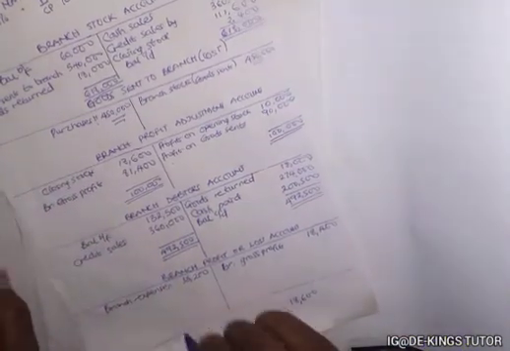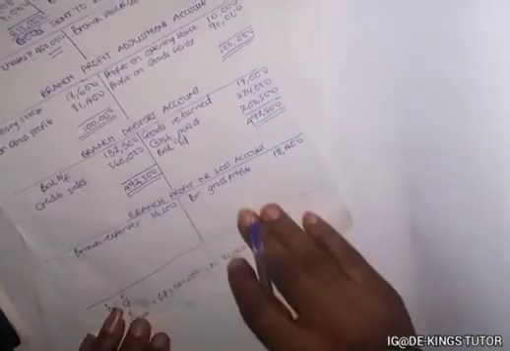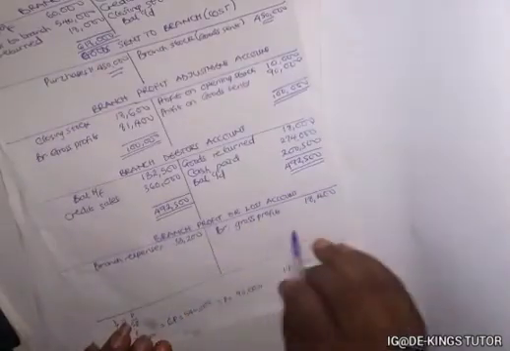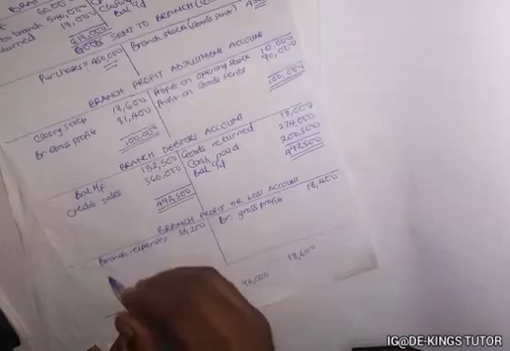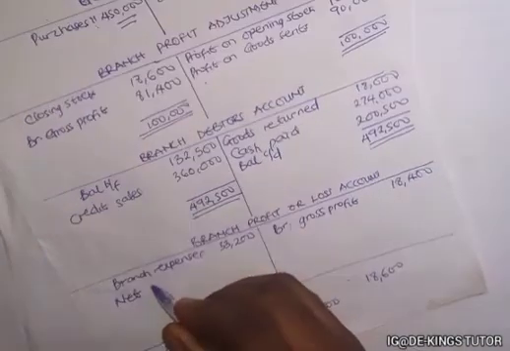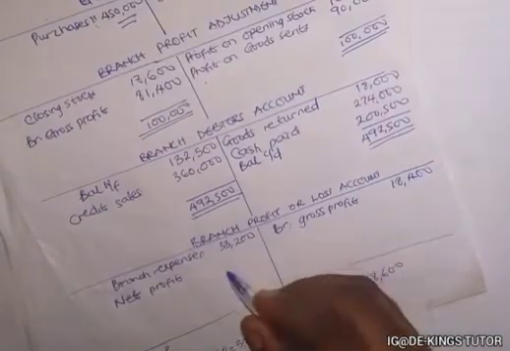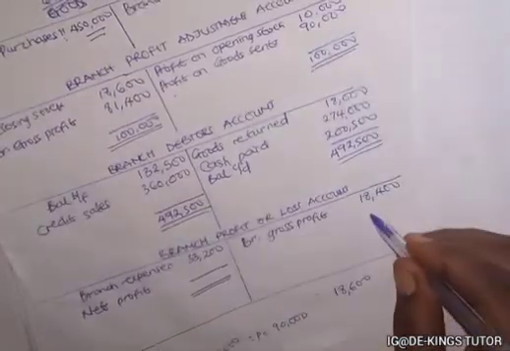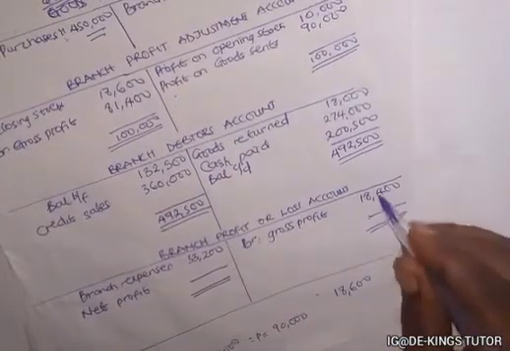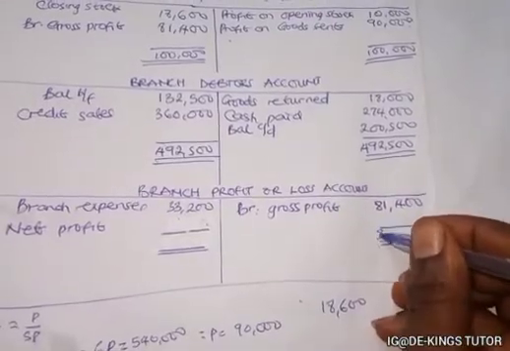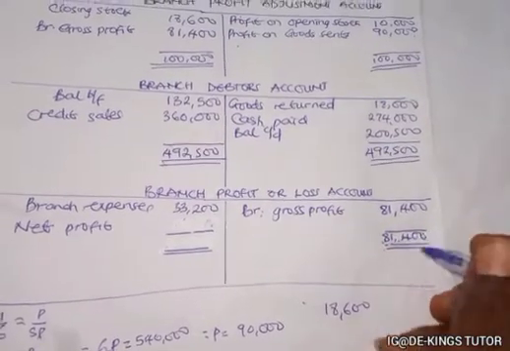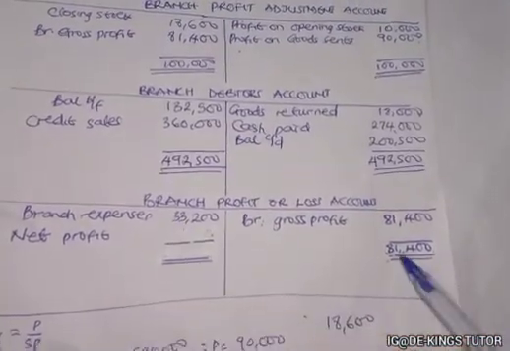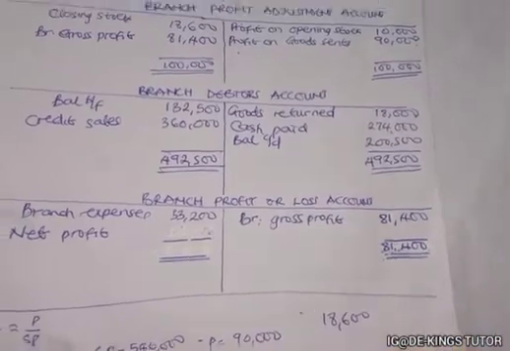Okay. Now the branch profit or loss account, so that we can get our net profit. So the credit side is bigger than the debit side. So we now have a net profit. Bring this down, it's 33,200. Okay. Now to get the net profit, we deduct this from 81,400.